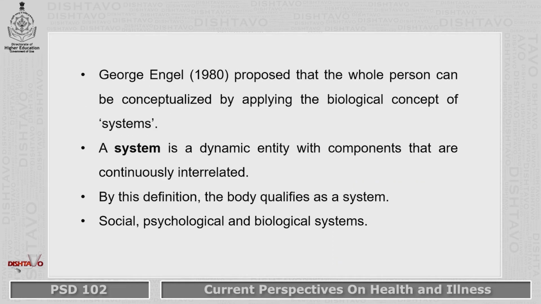George Engel in the year 1980 proposed that the whole person can be conceptualized by applying the biological concept of systems. Now, what is a system? A system is a dynamic entity with components that are continuously interrelated. By this definition, your body also qualifies as a system. And there are various systems, like the social, psychological, and biological systems, that work together and affect a person's health and illness.